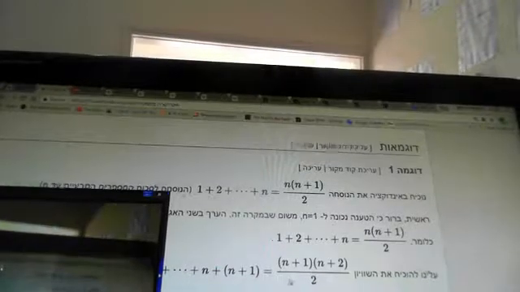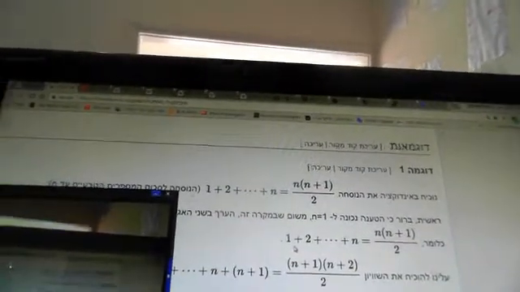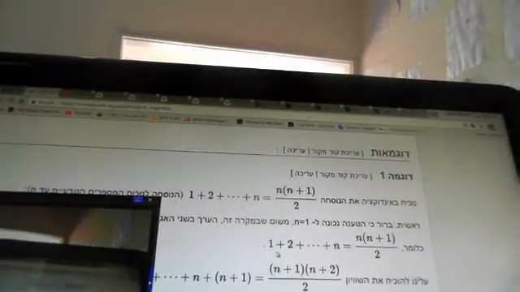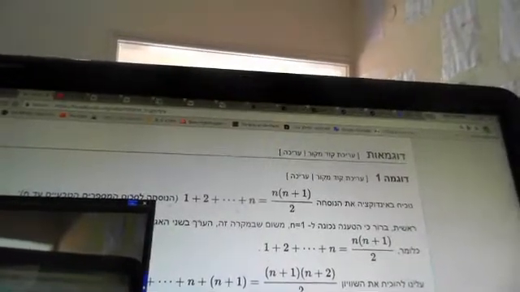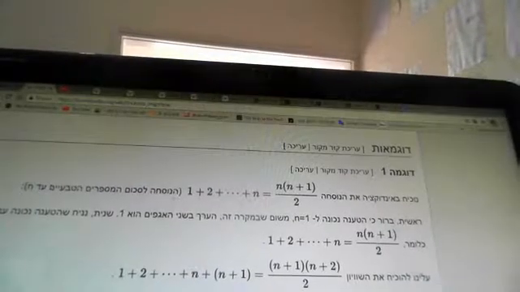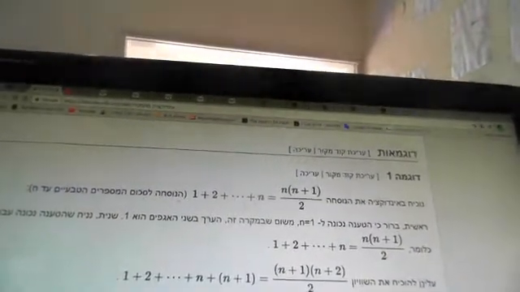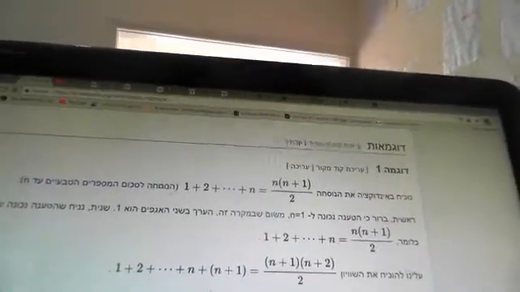The first equation is assumed to be true, that is our assumption, and the second equation is what we need to prove according to the first equation.